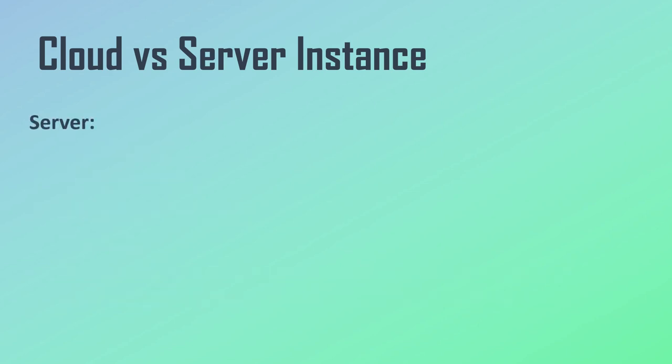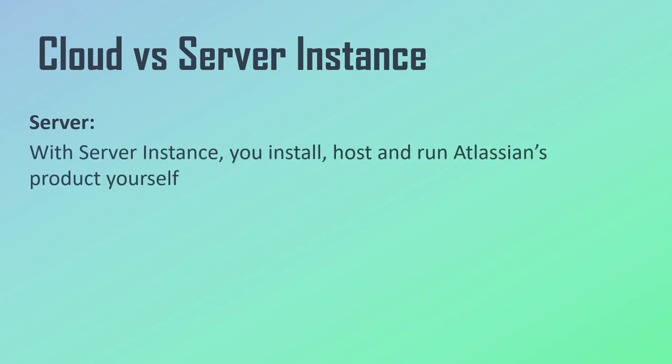Let's learn about the server instance. What is the server instance? In the server instance, basically you install, host and run the Atlassian product on your own hosting environment. So basically, the server instance is preferred by teams who want to manage all the details on their own and are able to handle the complexity of setting up and hosting the product on their own server.